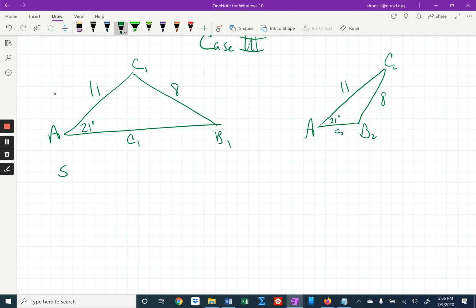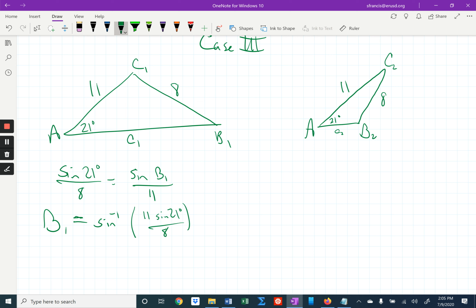So I just took this as a usual law of sines problem. Sine of 21 degrees over 8 is equal to the sine of B sub 1 over 11. So B sub 1 equals the inverse sine of 11 sine 21 over 8. Let's go find out what that is.